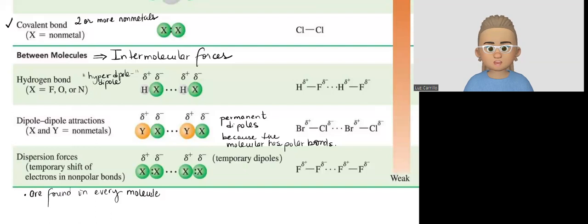In order for a molecule to have hydrogen bonding, that polar bond must be when hydrogen is connected to an electronegative element like fluorine, oxygen, or nitrogen.